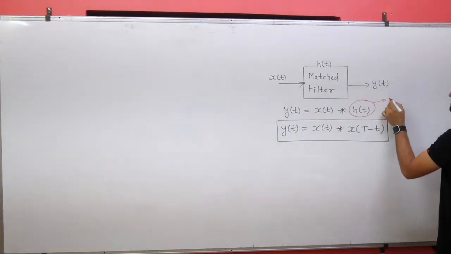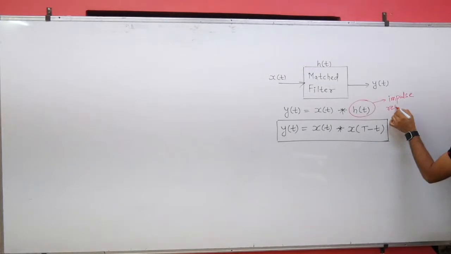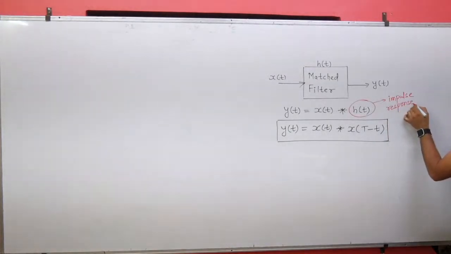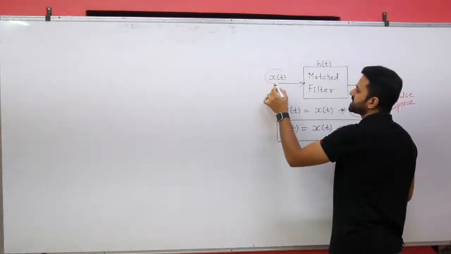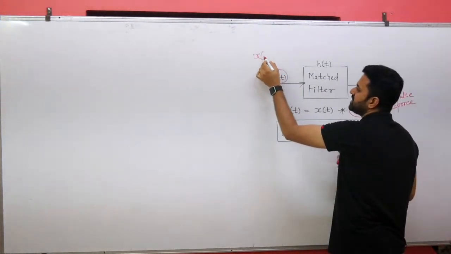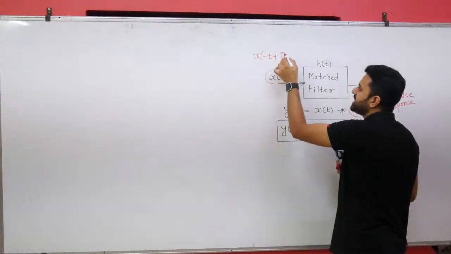This is the impulse response. So the impulse response of the matched filter is nothing but the input signal which is folded and shifted.